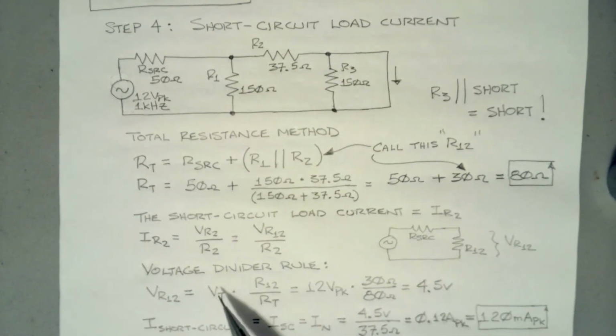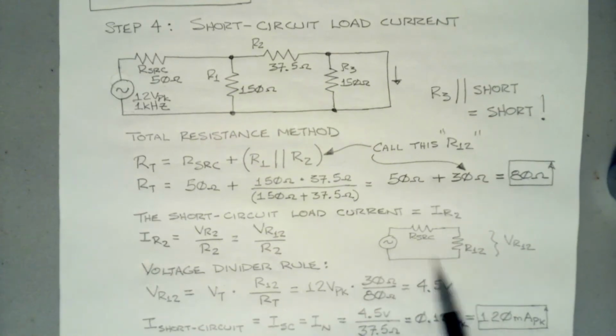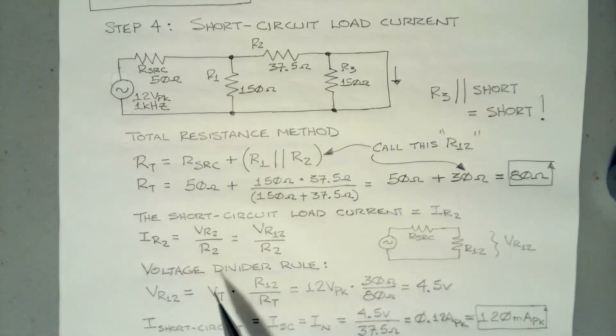You want the total current, which is VT over RT. It's a series circuit, so there is only one current, and you multiply that current by R12, and you get a current times a resistance, which is the voltage. So it looks like a shortcut, but it's not really.